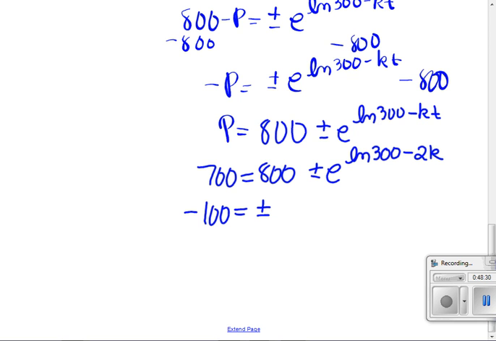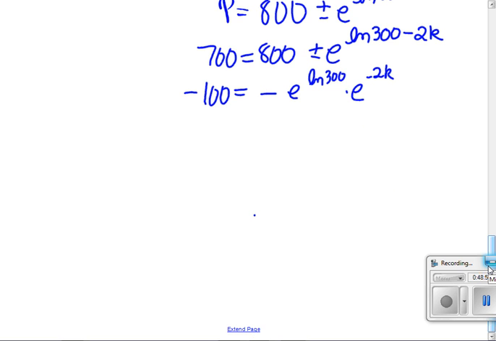I've got to figure out, well, what do you think this has to be? If this is going to be 700 and that's 800, is it the plus or the minus? How can you get this down to 700? It's got to be the minus. So it's minus e. Well, you know what? I'm going to simplify that, because this is e to the log of 300 times e to the minus 2k, just because it's going to be easier for us.